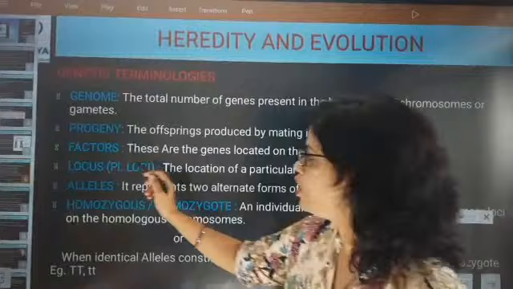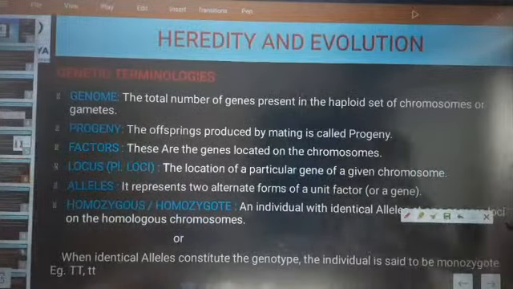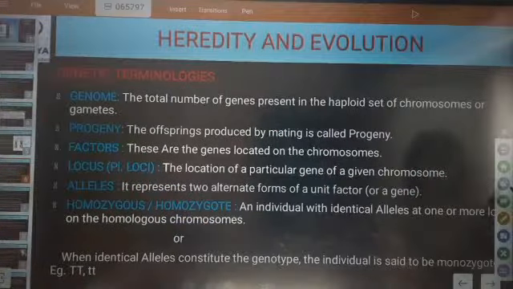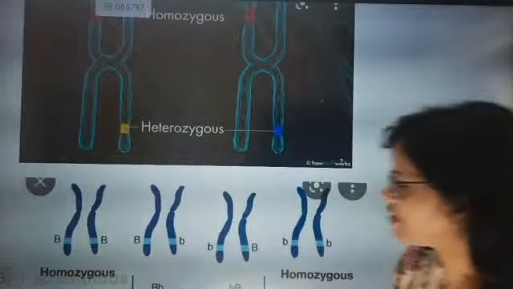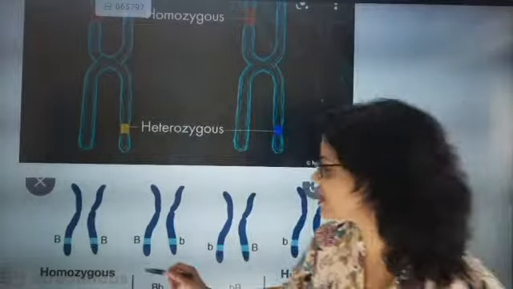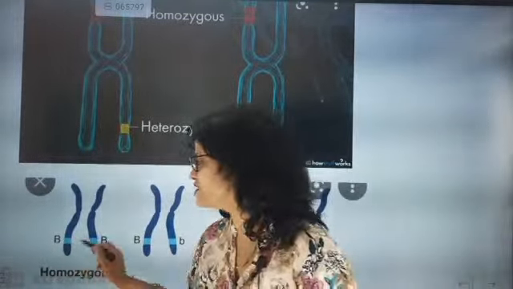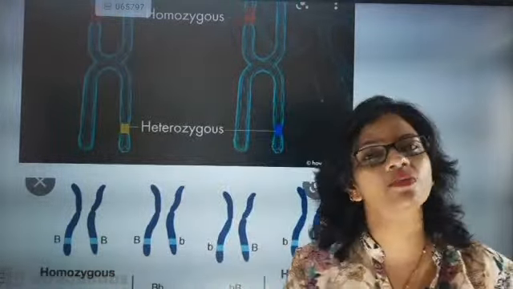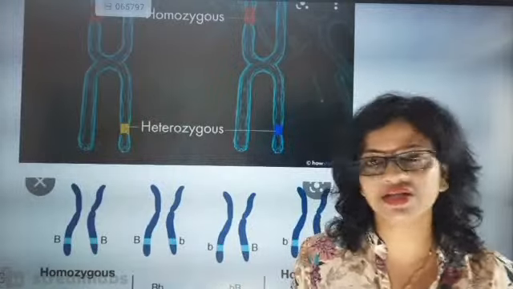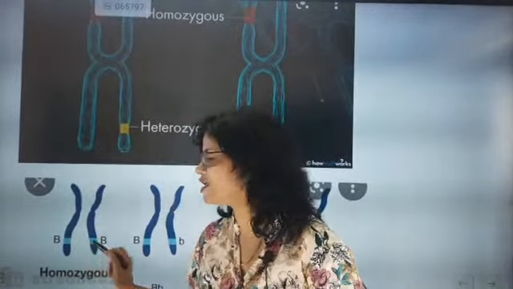Now next will be locus. I told you that when you take a quick look at a chromosome, the character which is picked by the child will be present in the same location. Then only it will be picked by the child. These are called loci.